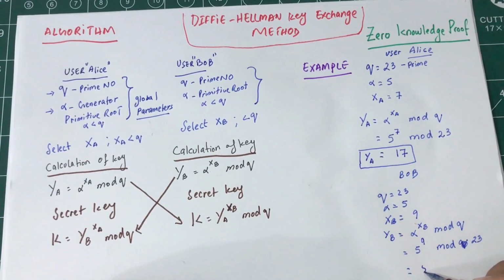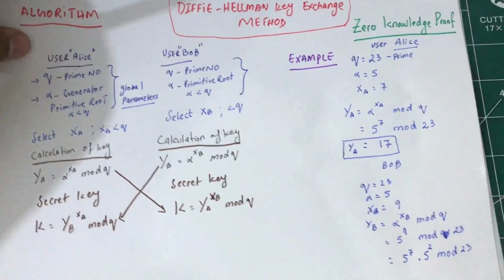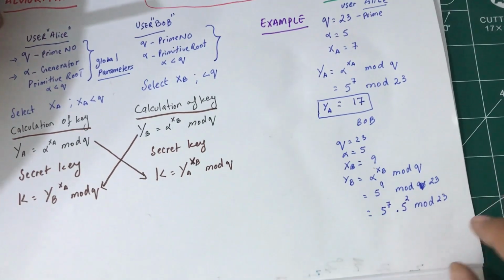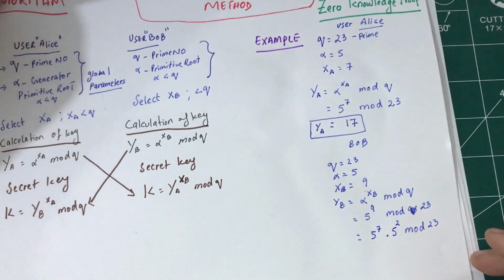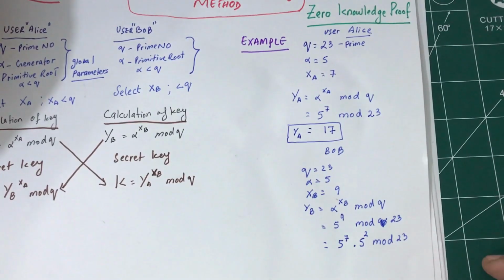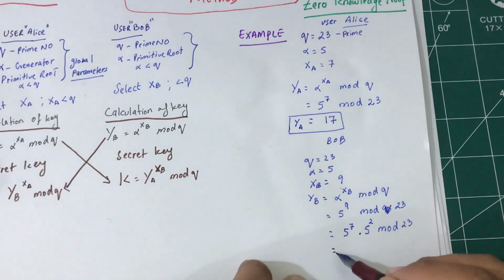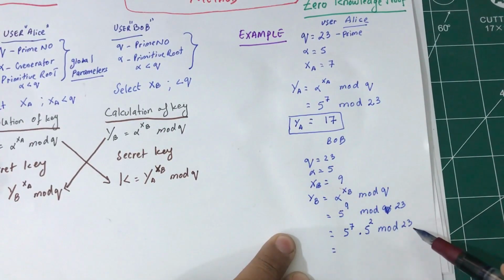I can break 5 raised to 9 down. If I have the same base and I'm multiplying, I add powers. So I can rewrite this in terms of mod 23. This is a good step, guys.